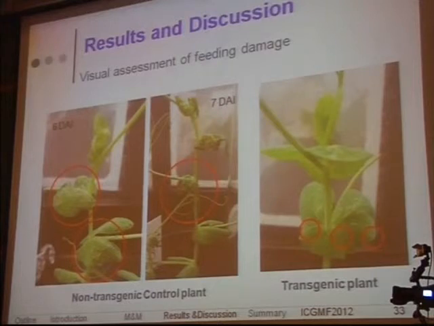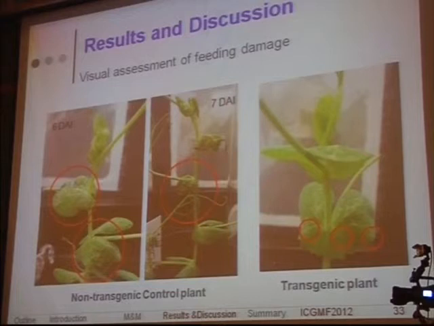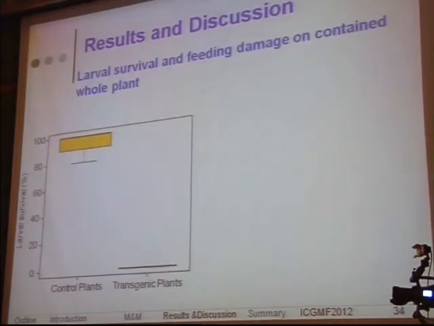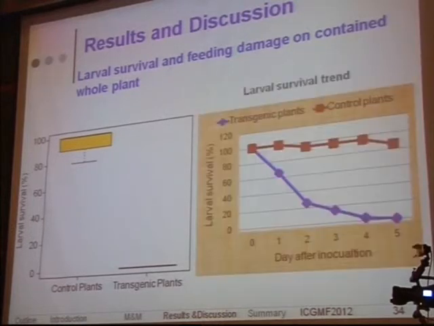Regarding the effect of feeding on the leaves, you can see that in the transgenic plant there is damage only where the eggs were laid, so there is no great damage. For larval survival, of course, it was 0% for transgenic plants and more than 90% for the non-transgenic or control plant.